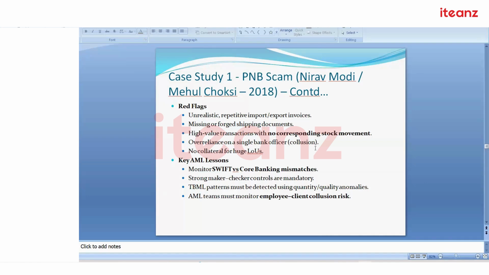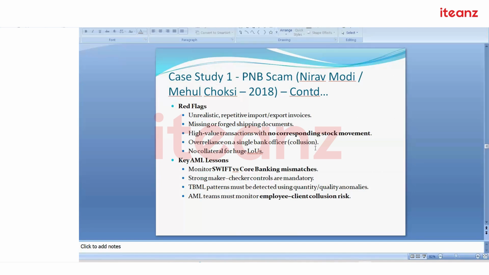Like they provide the loan without verifying the documents, with the help of insiders. See, what this bank guy would say is, they give a list of documents which they want.